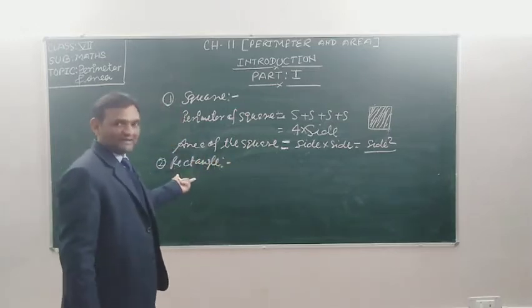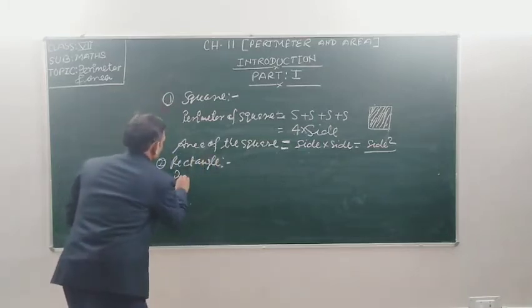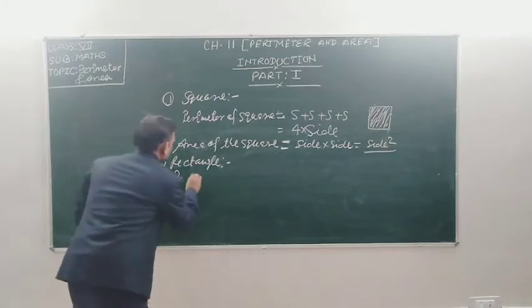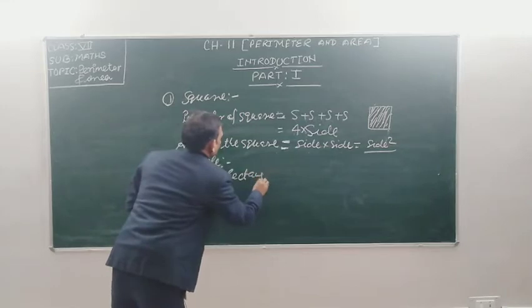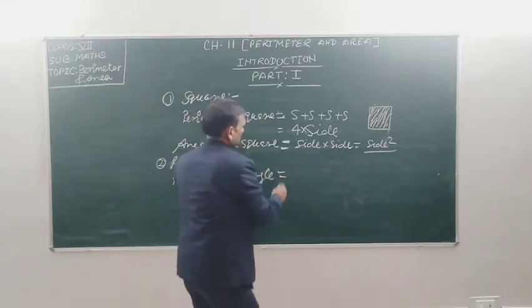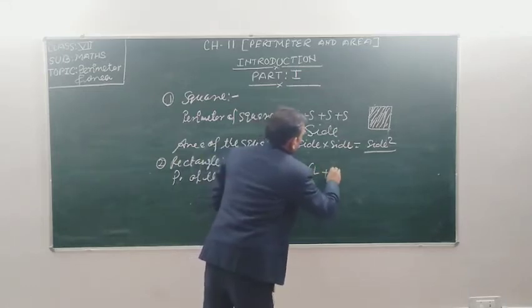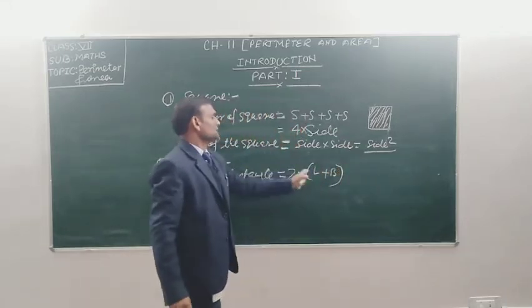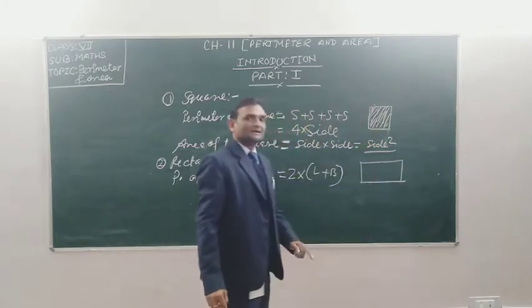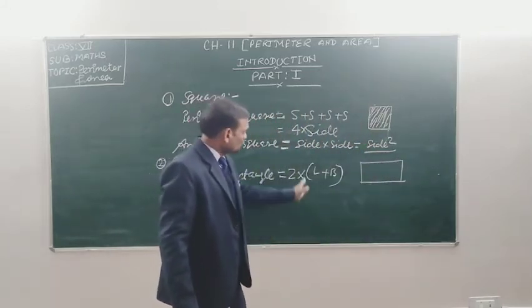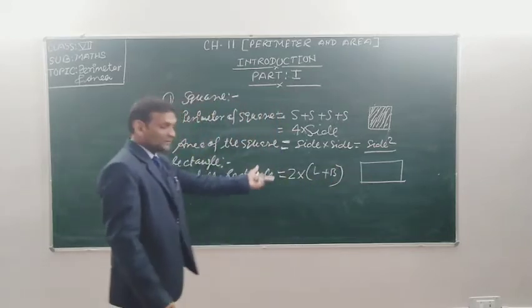You know, it's very easy. Perimeter of the rectangle, P means perimeter of the rectangle, is equal to 2 into L plus B. This is my rectangle. 2 into L plus B. This is the formula. You have to learn it.